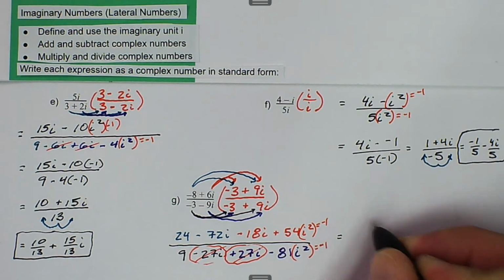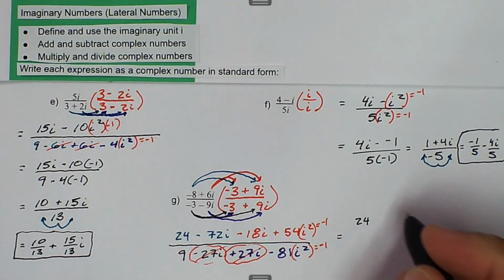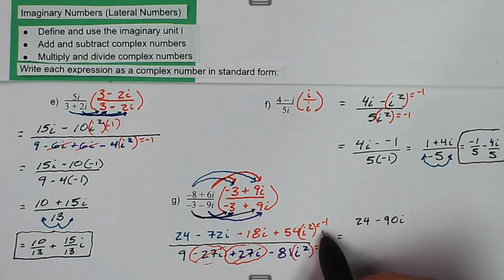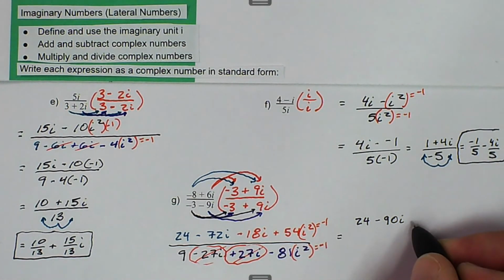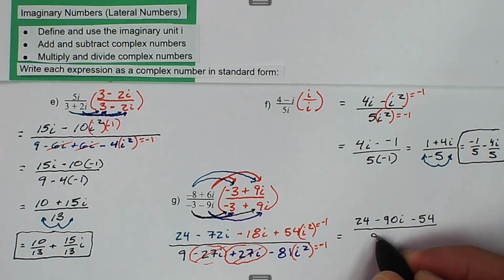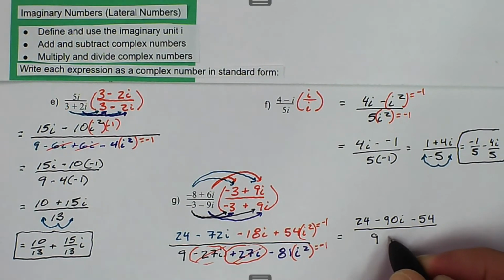So we get 24, and then negative 72i minus 18i is negative 90i. And then positive 54 multiplied by negative 1 is negative 54. And that's divided by 9. And then we have negative 81 times negative 1 becomes positive 81.